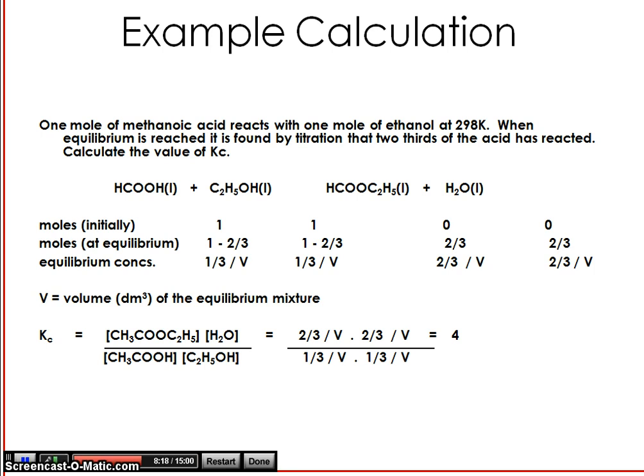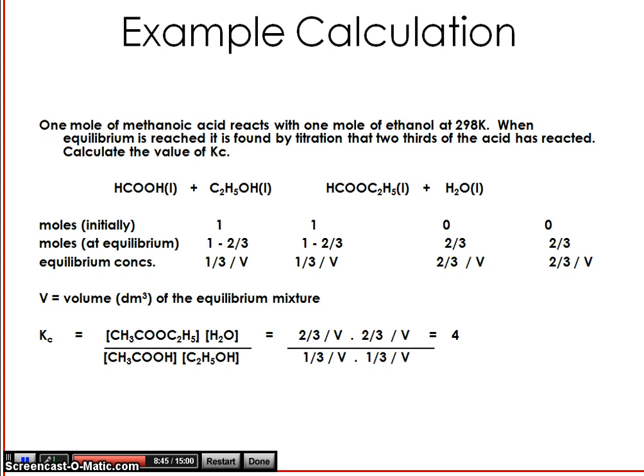So we can write out our equilibrium concentration of ethanol is going to be also 1/3 divided by V. If we look at our products then, we should realise that 1 mole of methanoic acid gives 1 mole of ester and 1 mole of water. So initially we started with 0. If we've used up 2/3 of a mole of methanoic acid, then that means we must have 2/3 of a mole of the ester and 2/3 of a mole of the water.